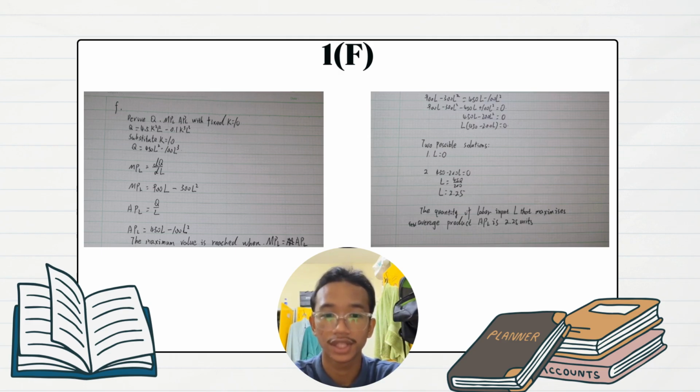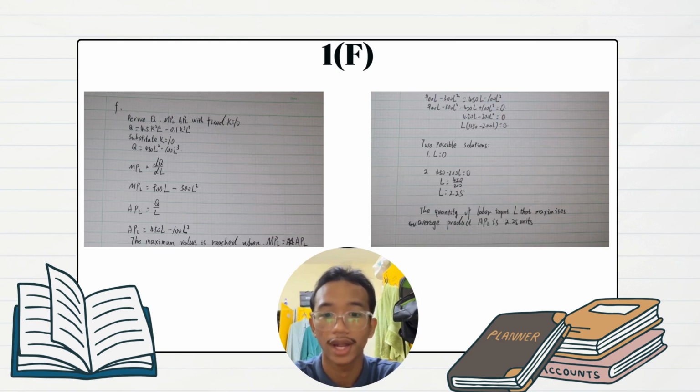The derivative of negative 100L squared is negative 200L. So we get d(APL)/dL equal to 450 minus 200L. Next, we set this equal to 0 to find the critical point: 450 minus 200L equals 0.